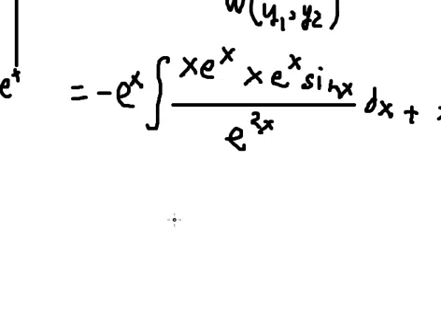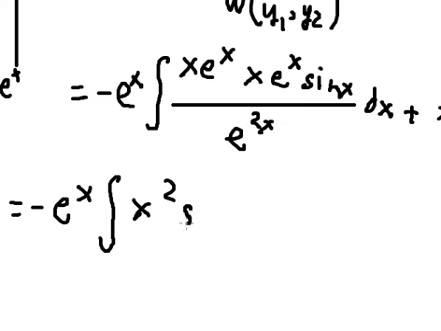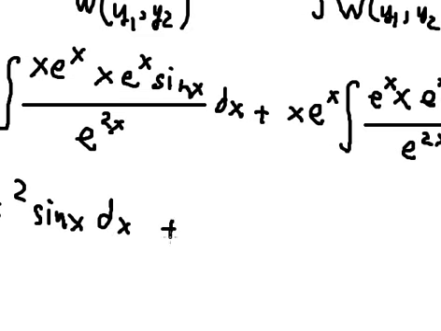Now we need to simplify. So we have s squared sine s, and the next one, this one is s sine s.